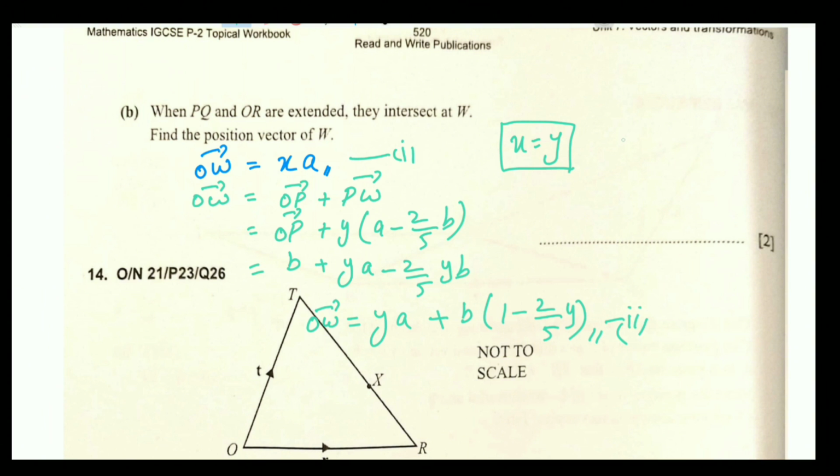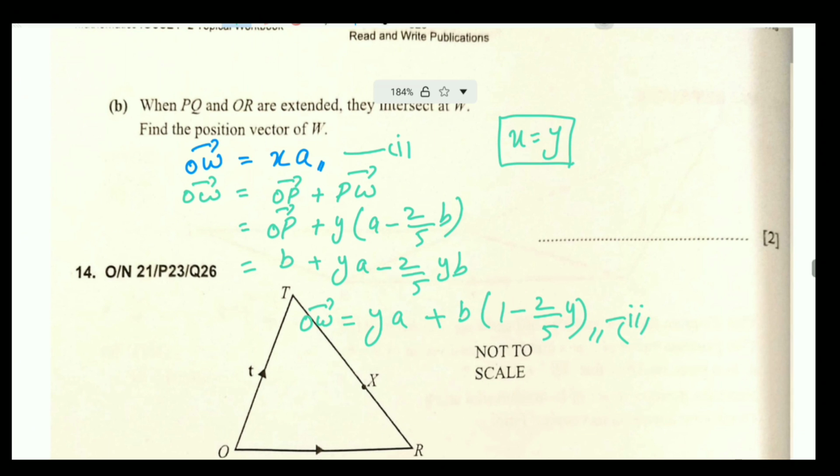So we have to compare the coefficients of B in both equations.